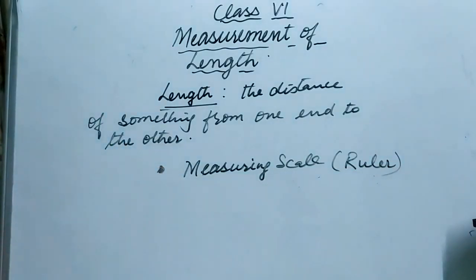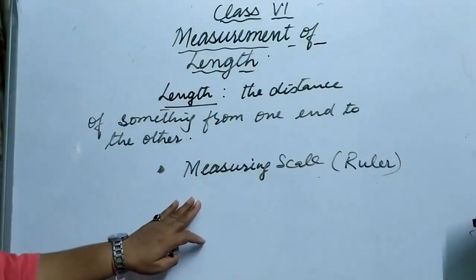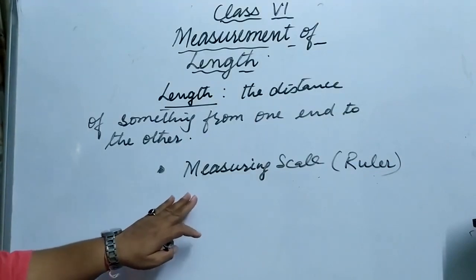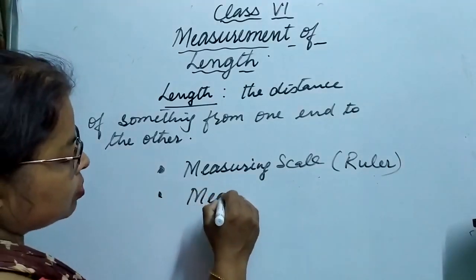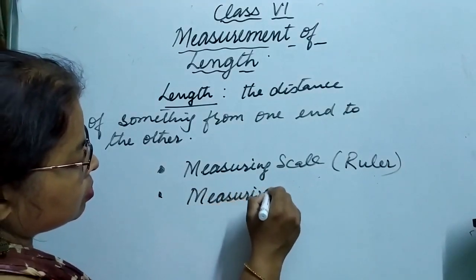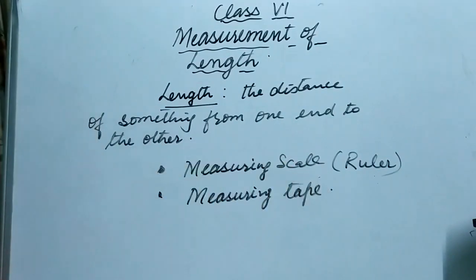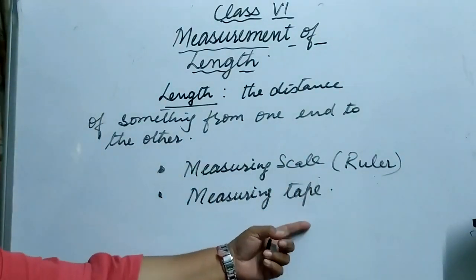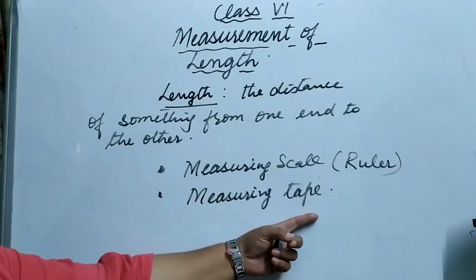And the another device that we use to measure the length is not only this measuring scale, we have measuring tape also. So measuring scale and measuring tape, they are used to measure the length.